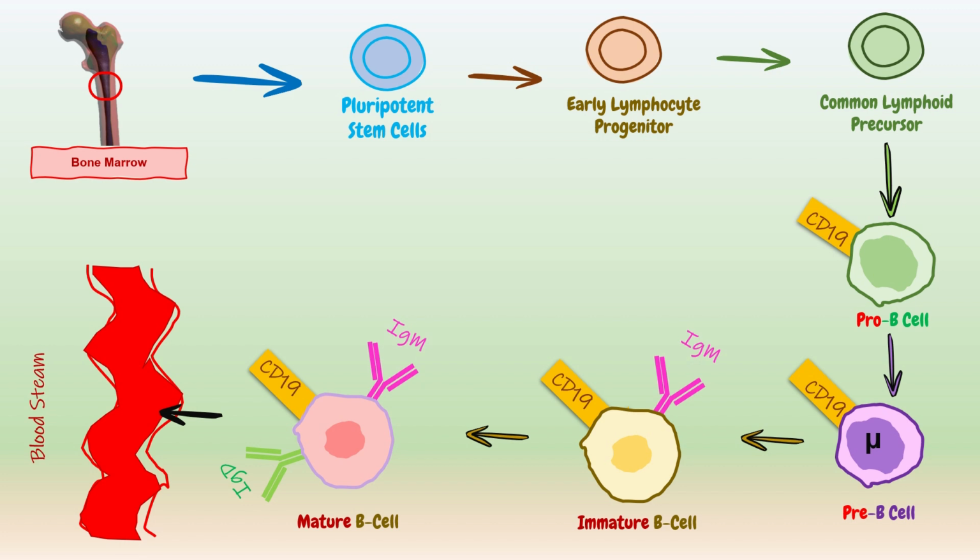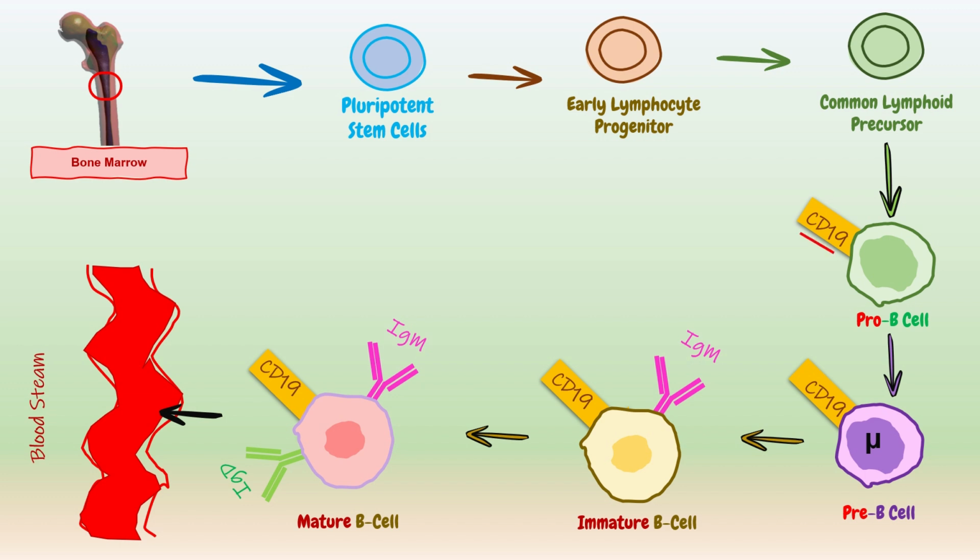This B cell leaves the bone marrow and enters the bloodstream. It is during this process that unique molecular mechanisms operate on the immunoglobulin genes to generate large numbers of different variations of the immunoglobulin, which recognize different antigens. That will be explained later in this video.